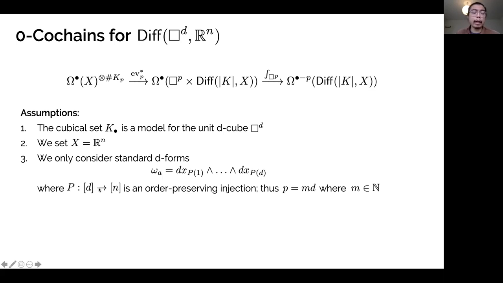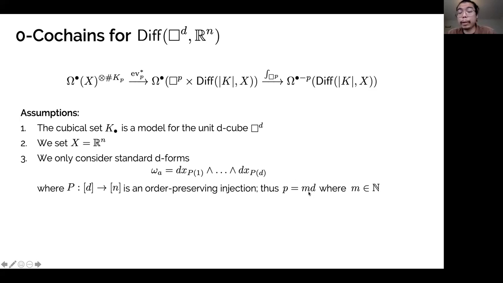The notation I'm going to be using for standard D forms is an order preserving injection from the finite set D into the finite set N. The collection of all of these order preserving injections will index all the possible standard D forms on Rn. And this also restricts the degree P that we're allowing, so the degrees that we'll be considering are just multiples of D.